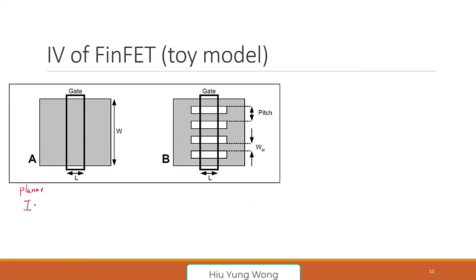I can say maybe I equals W times a constant K. K is just a constant. We are just trying to say if you increase the width, my current will go up. You have many equations, but we don't need to go into the details of the equation. So this is, let me call it I_DD.